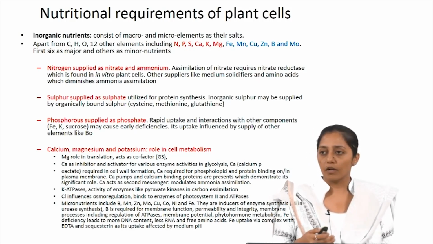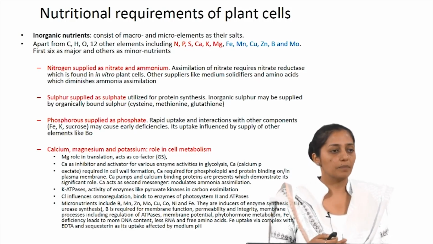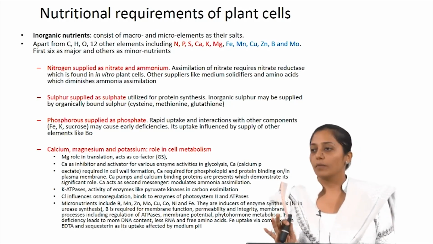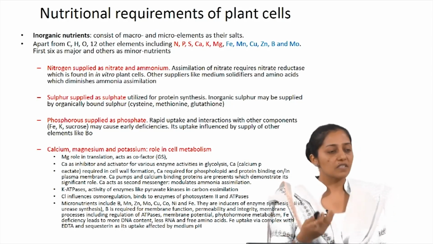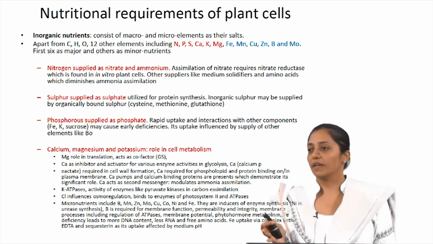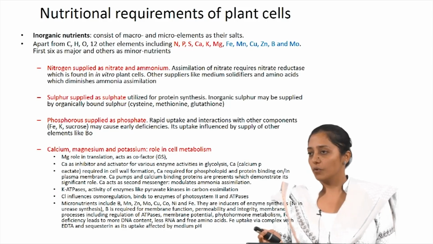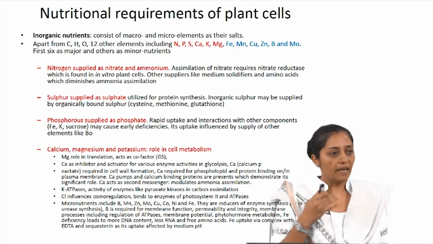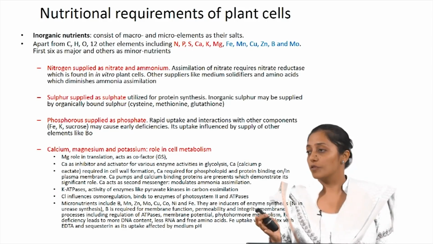So, now let us talk about the nitrogen which is supplied. In whole plants, in nature, nitrogen is assimilated in the form of nitrate or ammonium ions. There are ammonia transporters, and there are many nitrate transporters.